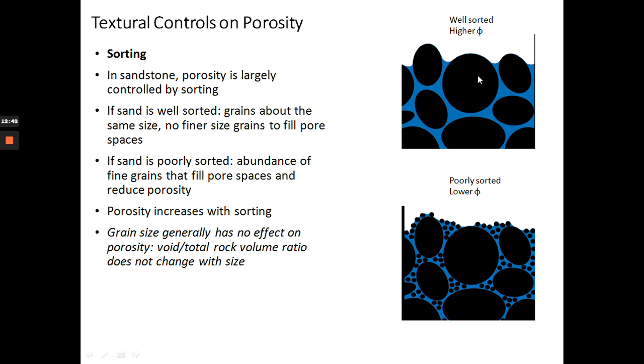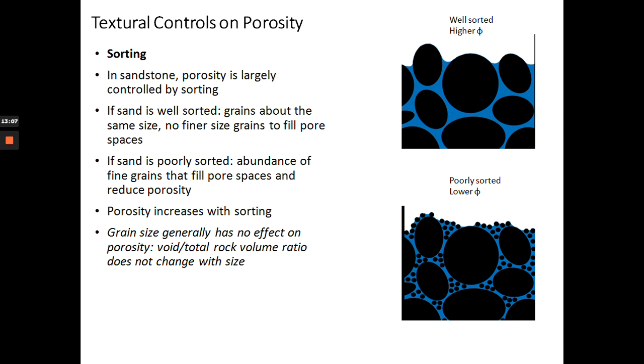Why? So let's say in this case, we have a sandstone here, and it is coarse grain sand. The grains are made up of spheres which are coarse grain, right? Now, if you reduce the size of the grains, the ratio between the grains and the pores is still the same.